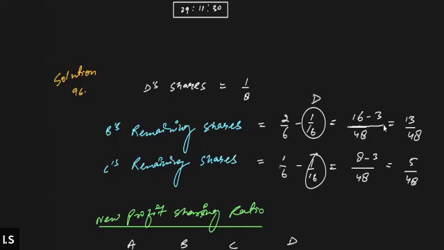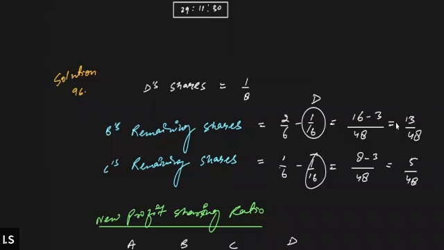In order to calculate this, we need to take the LCM of 6 and 16, which is 48. I'm sure that you already know how to take the LCM. So that will give us 16 minus 3 in the numerator over 48, and by calculating it, we will get 13/48.